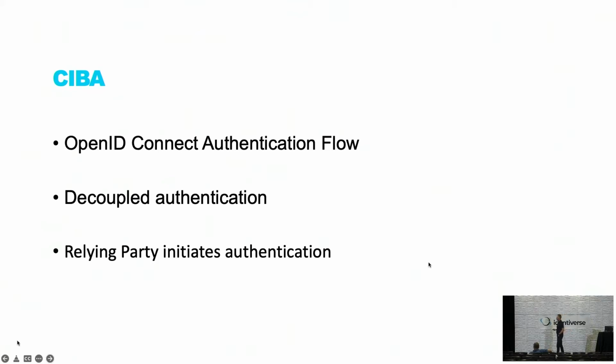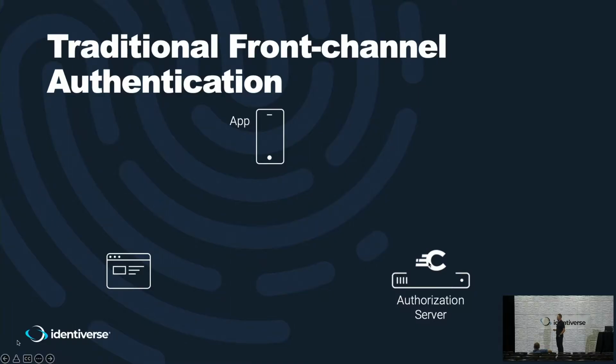And so very useful for customer service type scenarios where normally you would get asked a bunch of questions to verify that you are who you are, phone number, address, whatever it might be. But in this case, the customer service agent can actually initiate the authentication for the user and trigger a prompt on the app or device or something like that.